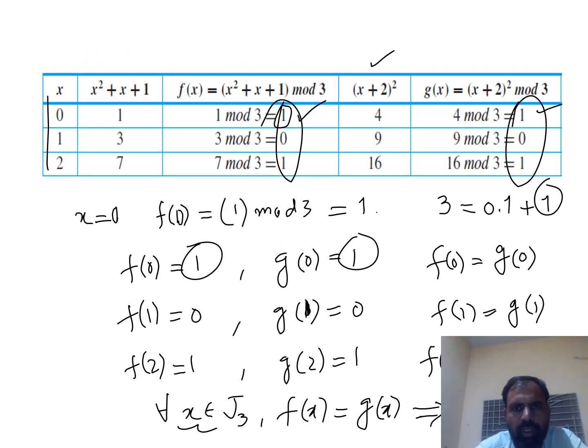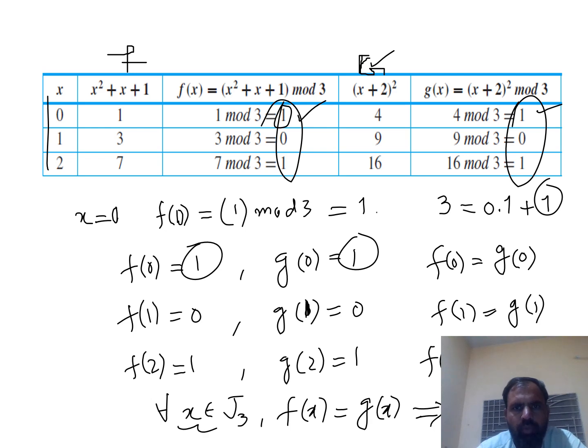Here I put in the table x squared plus x plus 1, which is f of x mod 3, and here is g of x. You can see that this is f, and this is g. So g of x is equal to (x plus 2) squared mod 3, and f of x is equal to this mod 3.